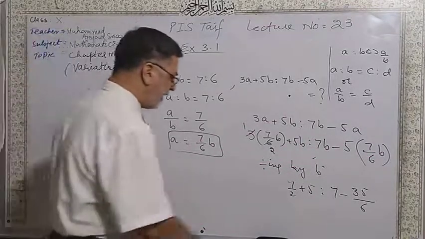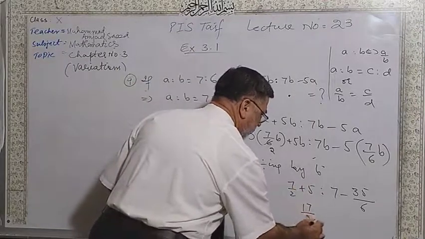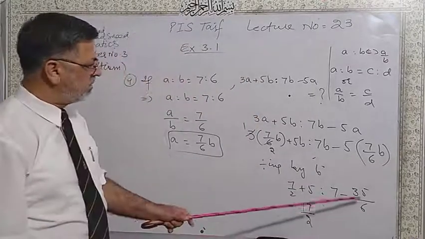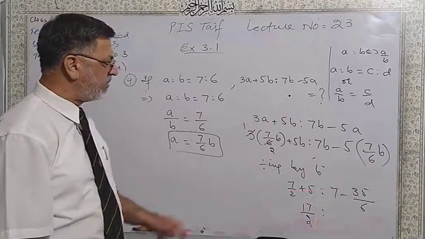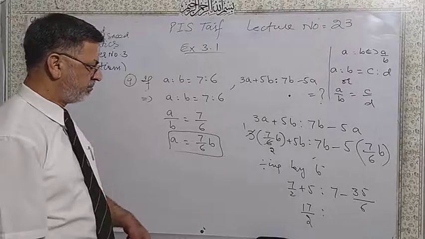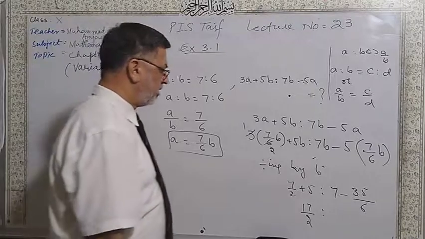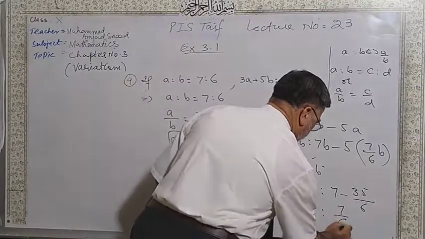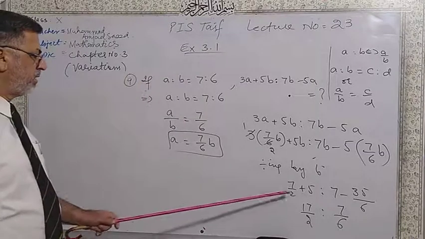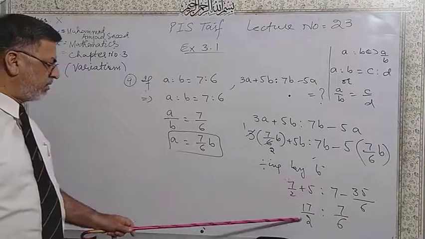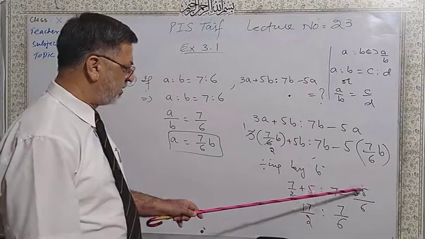We are left with 2 5s are 10, 10 plus 7 is 17 over 2, ratio 6 7s are 42, 42 minus 35, that will be 7 over 6.